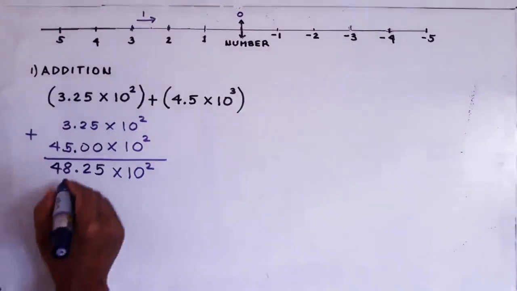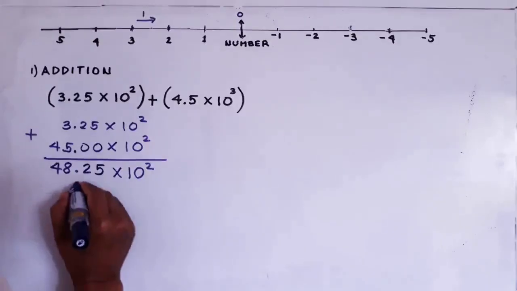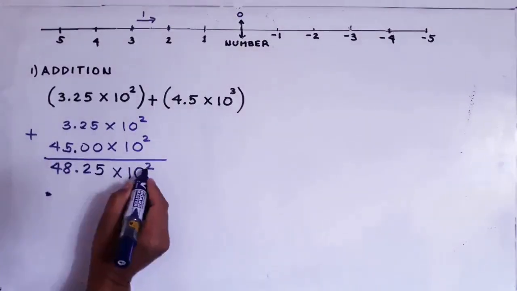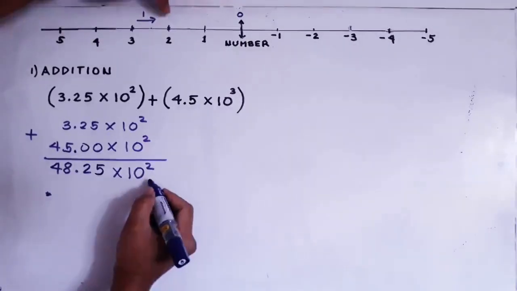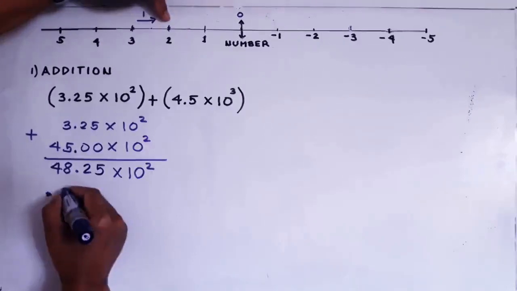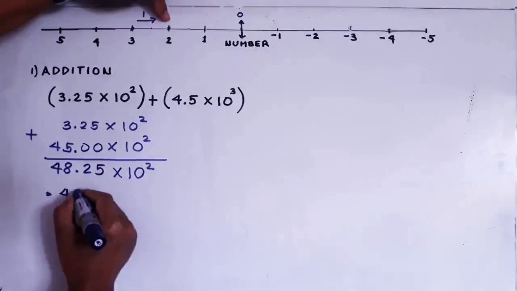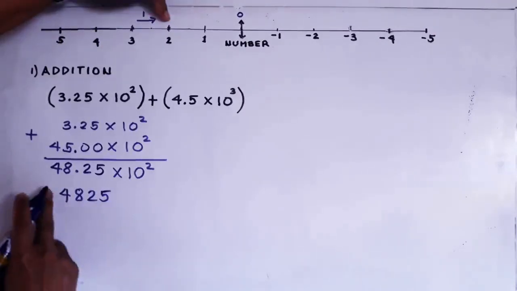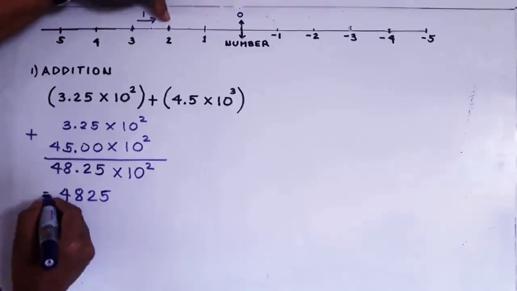What is this one in ordinary numbers? In ordinary numbers, if we are going to write this one, we move the decimal point 1, 2, so our answer is 4,825. Okay, that is our answer here.